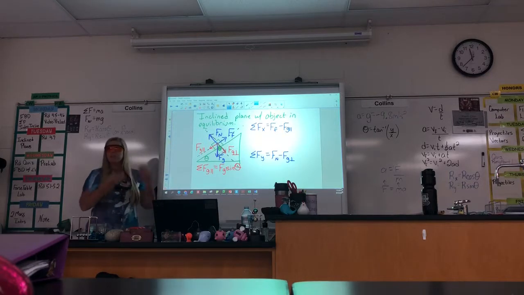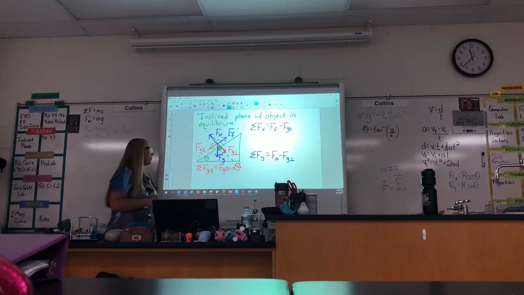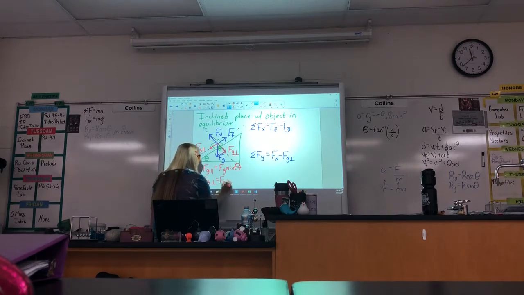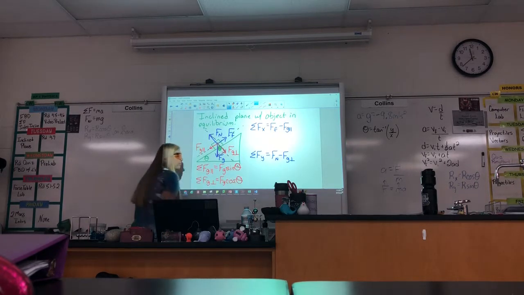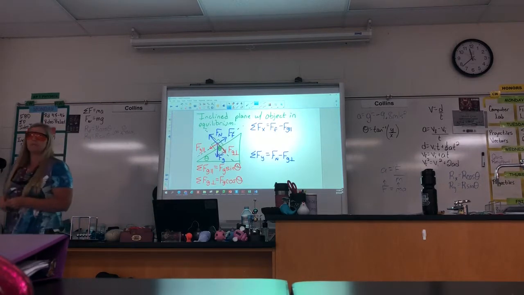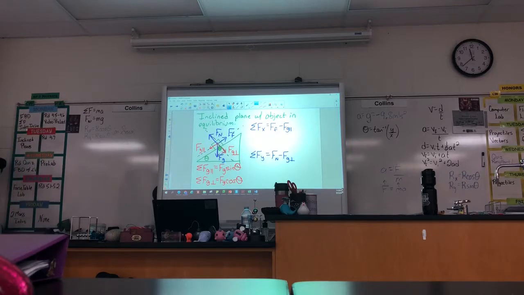We had to flip-flop because we flip-flopped where the angle was located. And when we do the force of gravity perpendicular, which is along the y-axis, it's going to be the force of gravity times the cosine of the angle. It only does this on inclined planes. It only does this when the angle is affiliated with the y-axis.